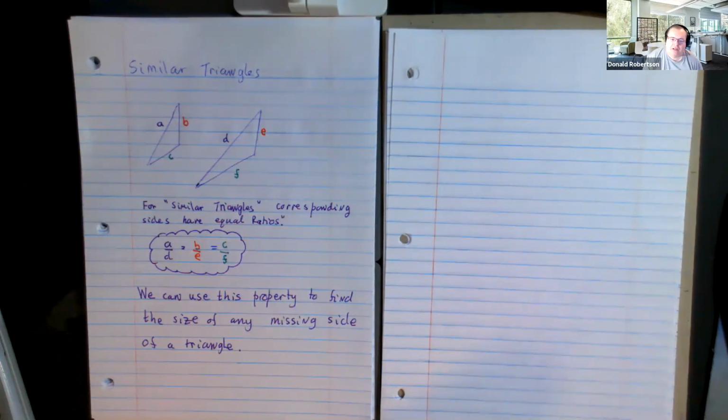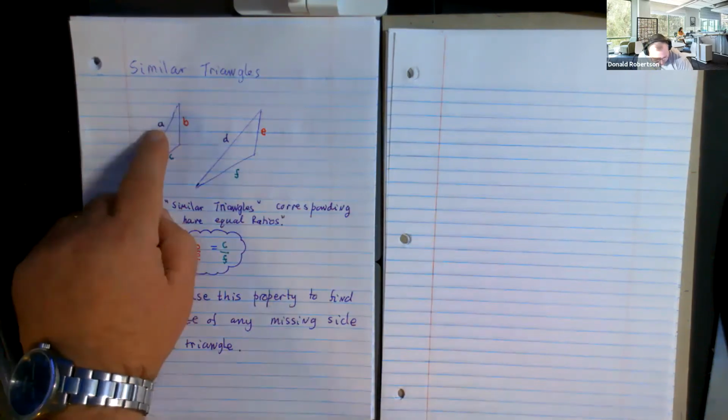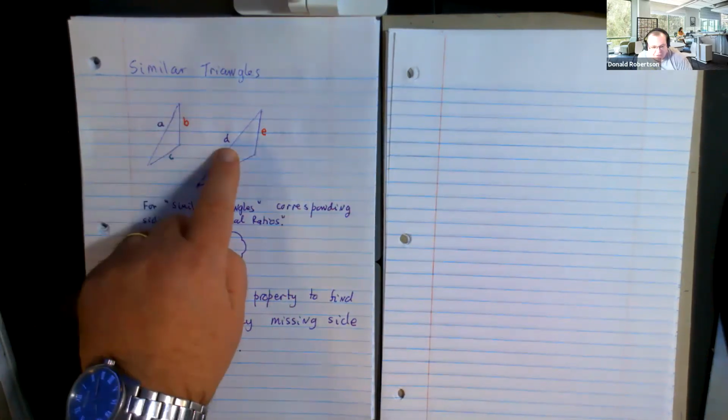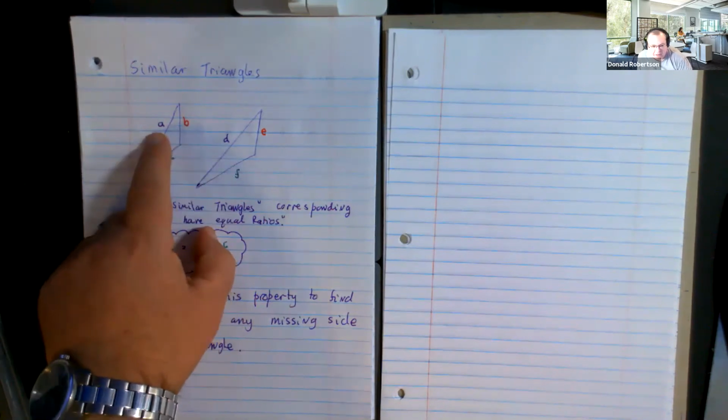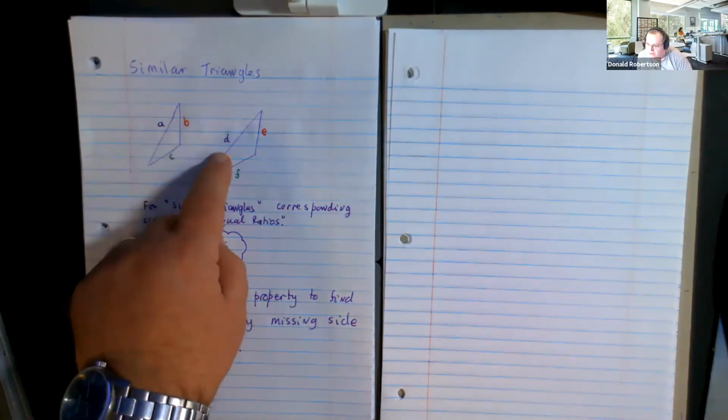And there is a property that similar triangles have, and it's phrased something like corresponding sides are in equal ratio. So you can imagine this side A corresponds to this D. In other words, on the little guy and the big guy, aren't they the same side?